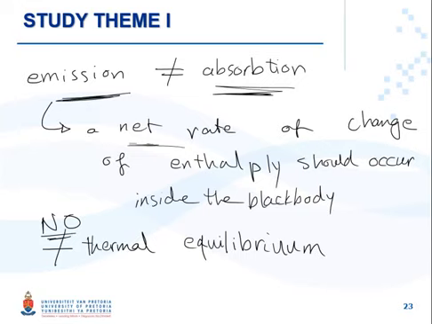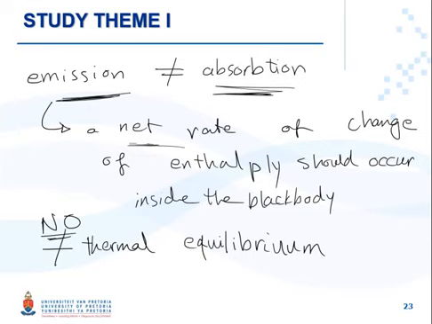So the same concept: the black body has achieved equilibrium with its surrounding. No convection, no conduction. The only form of heat transfer is radiation. So the amount of radiation emitted should be the same as absorbed. And since we said that the black body is a perfect emitter, it needs to be a perfect absorber too.